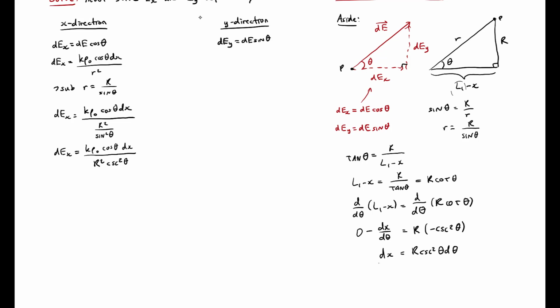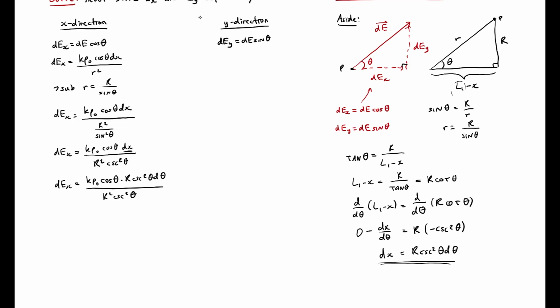Okay, so now I can replace my dx over here with what I've just discovered. I have dEx is equal to k rho naught cosine of theta times r cosecant squared of theta d theta divided by r squared cosecant squared theta.